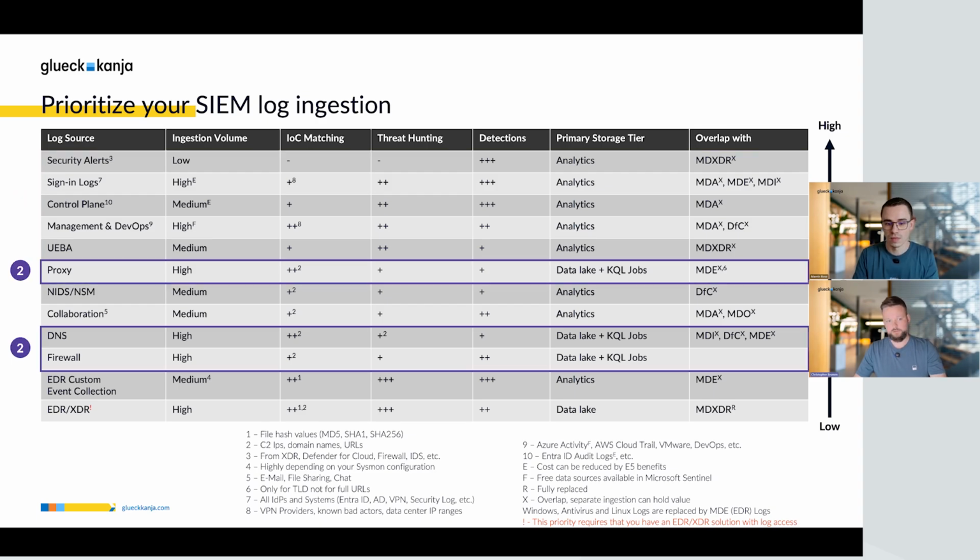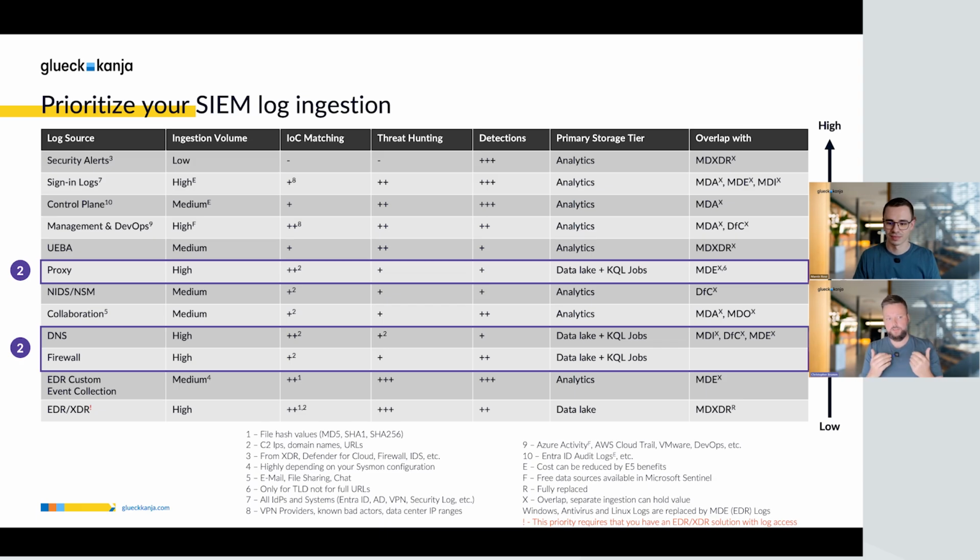The next part: very expensive sources like your proxy logs with a high ingestion volume and, let's say, limited but important detection use cases. In the past, especially for firewalls, our advice was to buy more features from your firewall vendor to get alerts instead of raw logs.